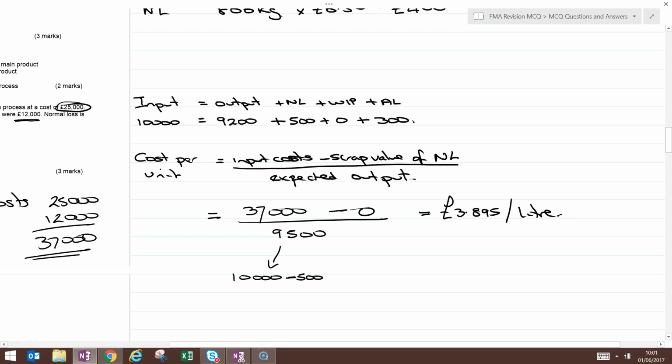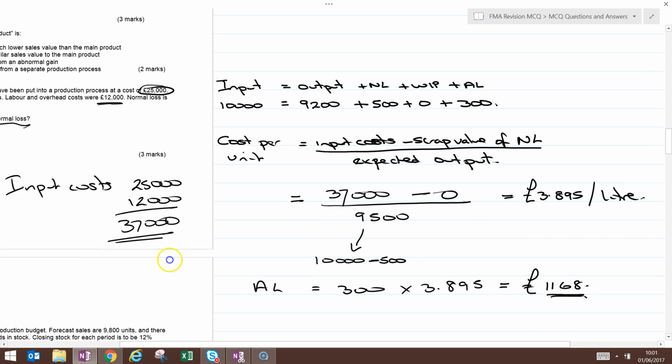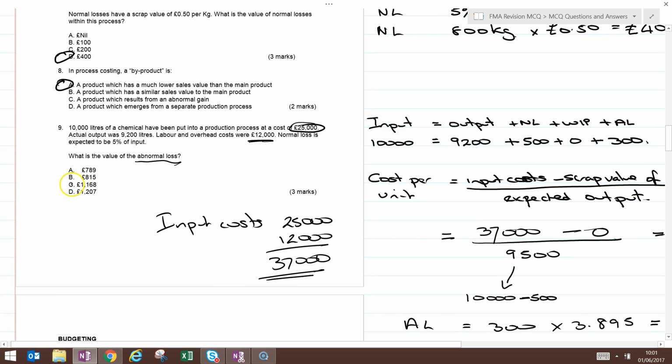So that is what we can use to value our abnormal loss. So the abnormal loss is 300 litres times 3.895, which gives us 1168 to the nearest whole figure, which is answer C.